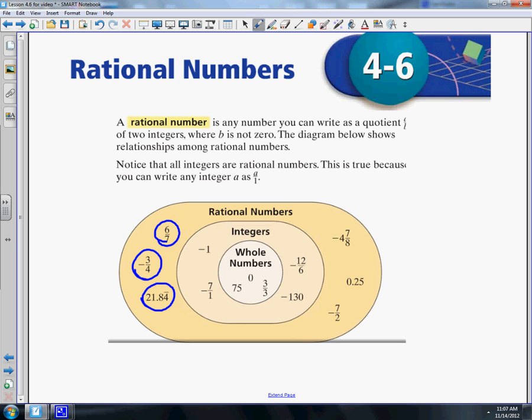Now, rational numbers are decimals, but they either have to repeat or stop. Like this one, 0.25, that stops, or like this is negative 7/2, which is really negative 3.5. Those are rational numbers. They're not integers, because integers cannot have decimals, and whole numbers can't have decimals. So the rational numbers are the ones that have the decimals, pretty much.